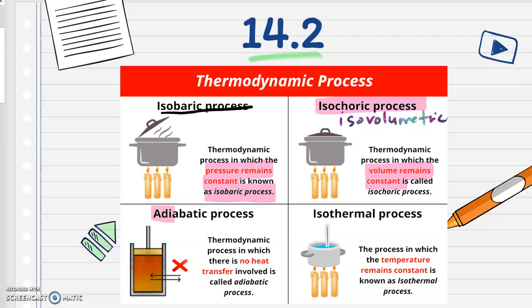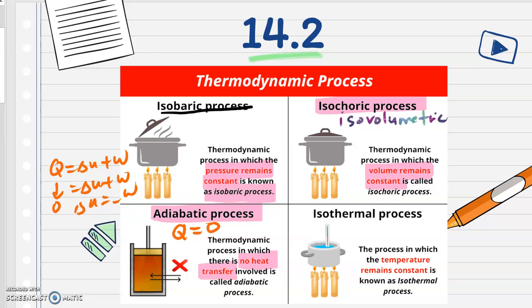And then we have adiabatic process. Adiabatic process ni Q equal to 0. Okay, so macam mana kita kira work done? Kita just kira Q sama dengan delta U plus W. So Q kosong, so 0 equal to delta U plus W. So delta U is equal to negative W. Okay, so berarti proses no heat transfer involved is called adiabatic process.